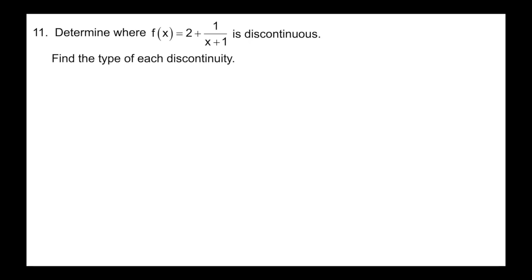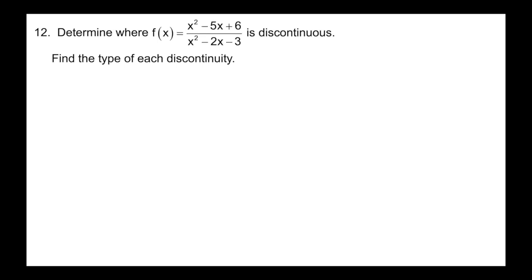So really, looking at it here, I can just consider the fact that -1 is the only excluded value here. And because that x plus 1 isn't going to cancel, I can classify that as being a vertical asymptote at -1. And that means we have infinite discontinuity. And again, we would say the vertical asymptote is at x equals -1.